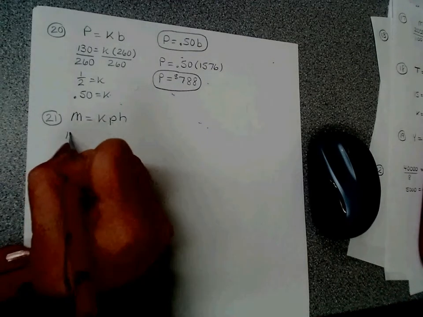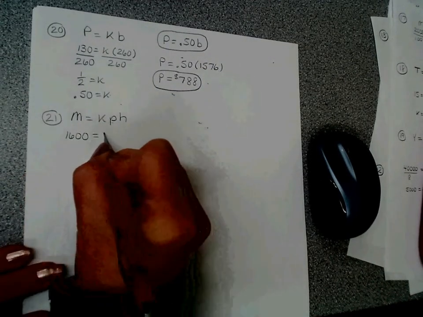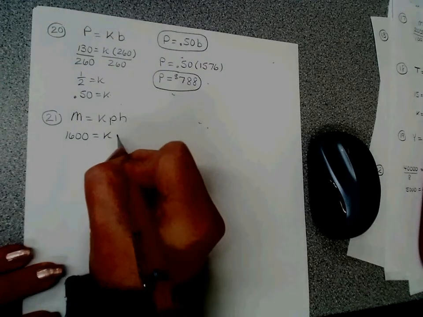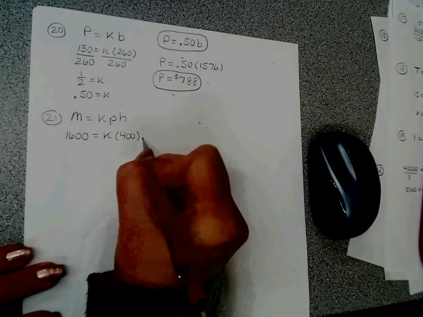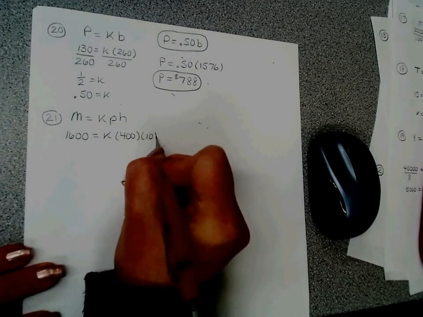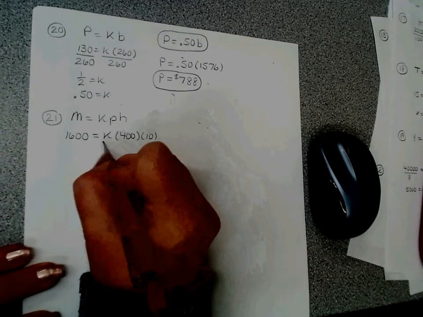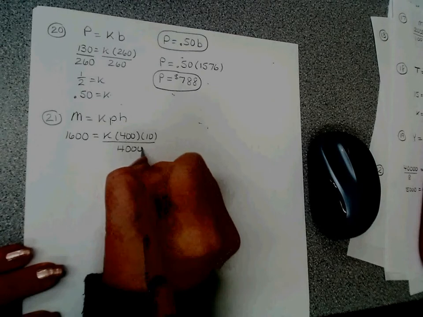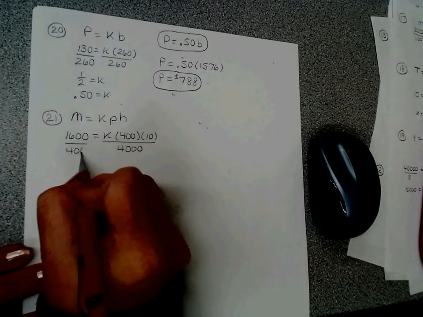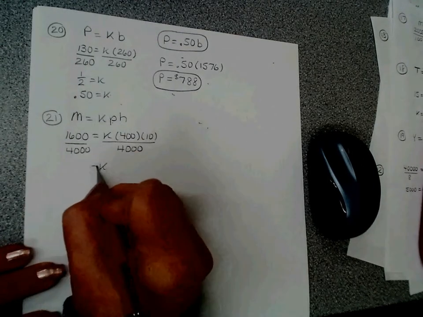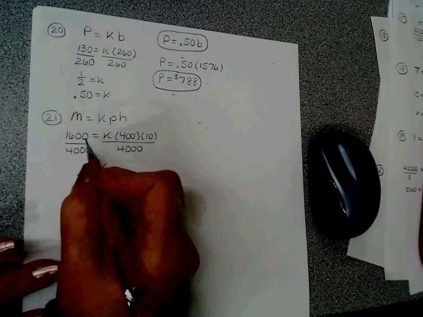Okay, they get paid $1,600, so that goes in the money, for an event with 400 people lasting 10 hours. So 400 times 10 is 4,000. Divide both sides by 4,000. Reduce this fraction.